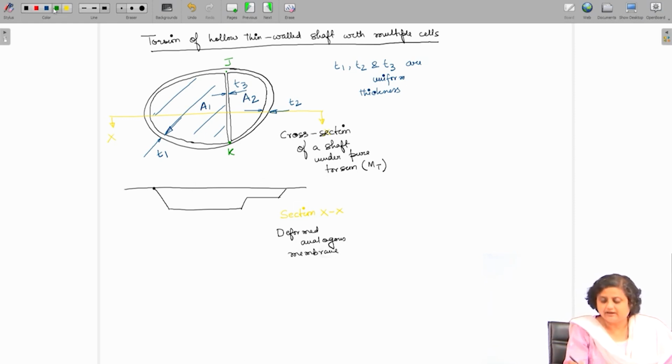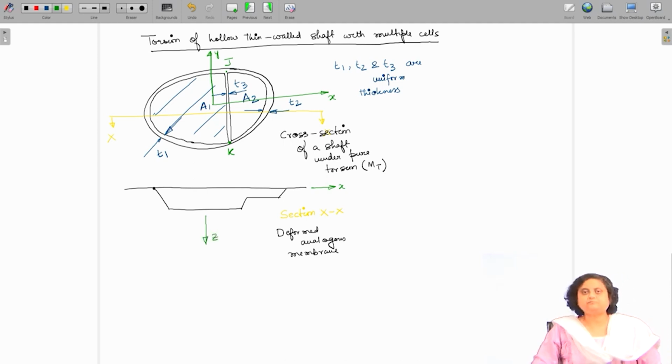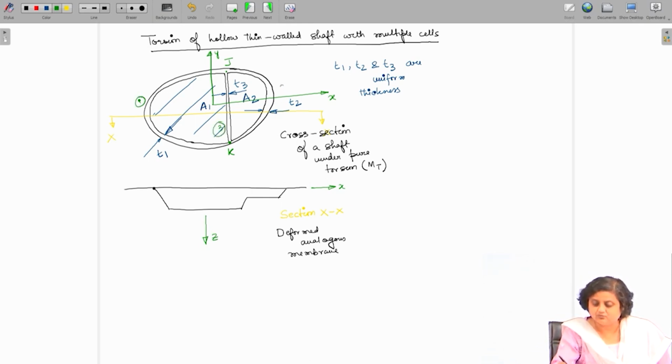Let me draw the coordinate axis. So, this is the x axis, this is the y axis, and similarly this is the x axis and this is the z axis. Now, we can see that each leg of the cross section, let me call this leg 1, this leg 3 and this leg 2, has a different thickness.